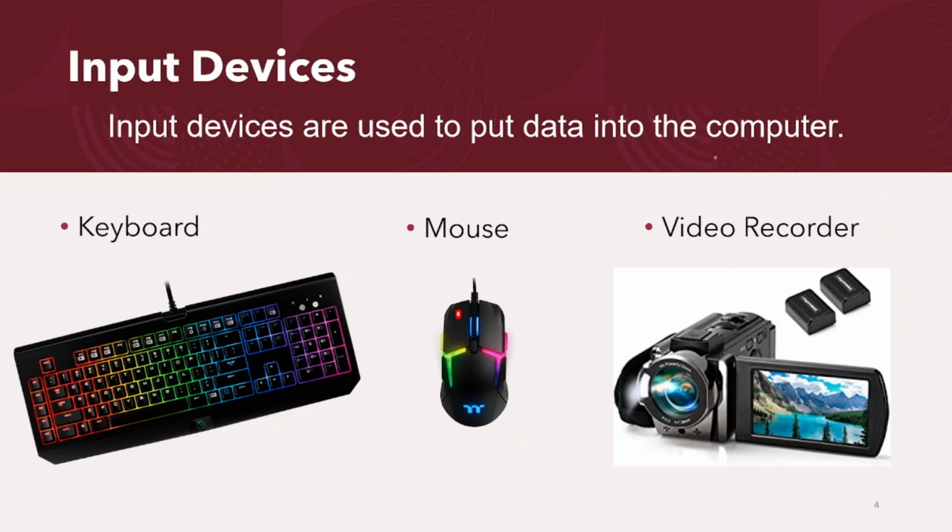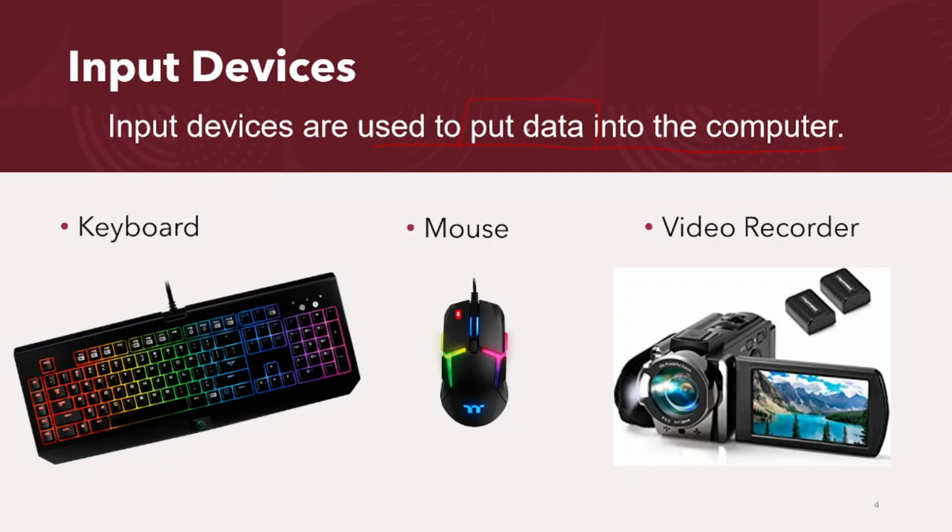So let's define an input device. Input devices are used to put data into a computer. As mentioned earlier, these are devices used by the users, or by someone who uses a computer or a laptop, to put in data.